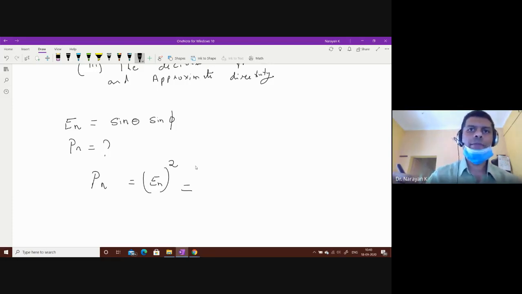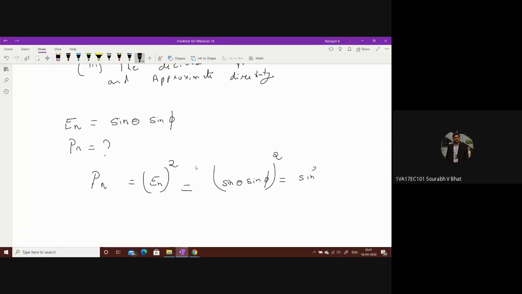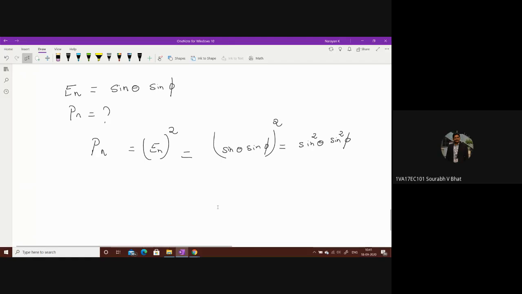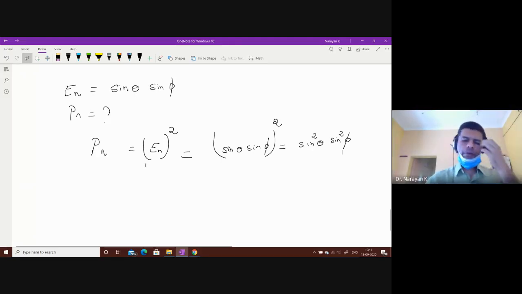So what happens if I do E_n squared? Sin theta sin phi, whole squared. So now you can write sin squared theta sin squared phi, and later we can change it to cos. Right now, please remember: normalized power is the square of the field. Please write it down somewhere.